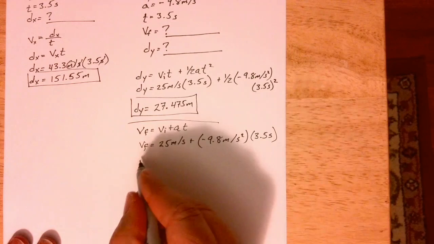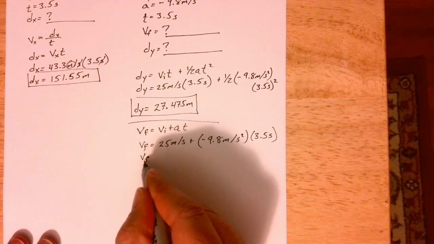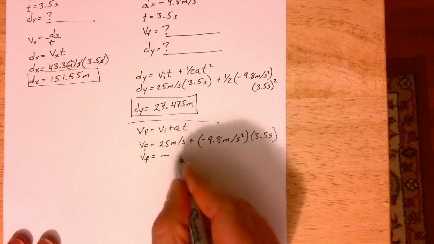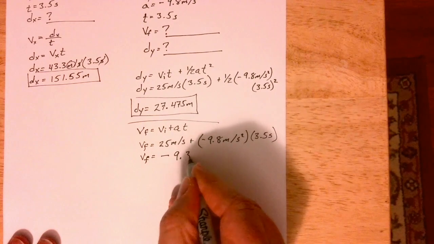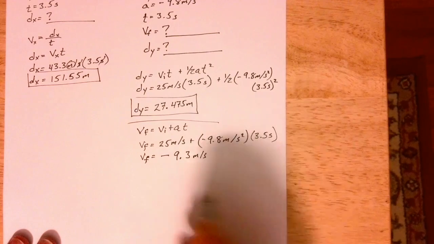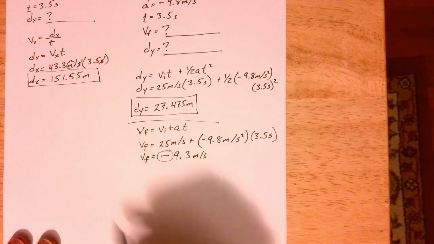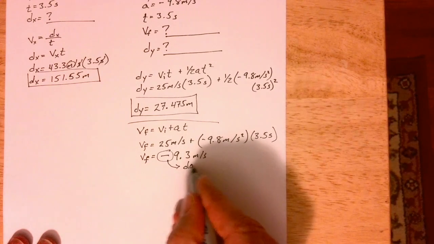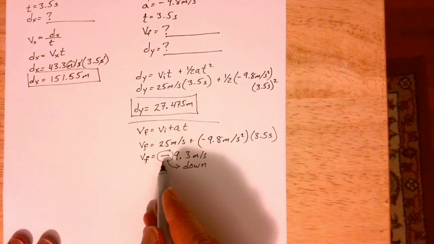So the final velocity comes out to be a negative 9.3 meters per second. Now, this negative value here means that it is going down. Positive means it's going up.